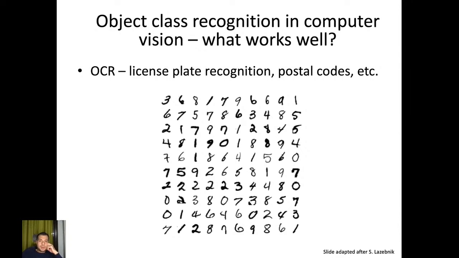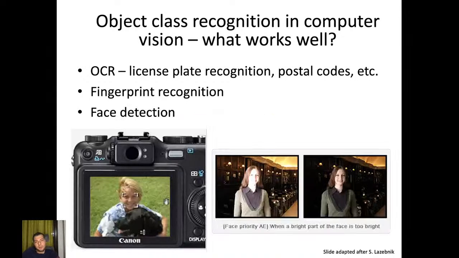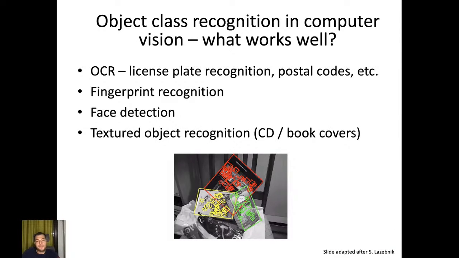Okay, so this task works well for specific applications, at least with the basic approaches that we're going to present today. Notable applications are in optical character recognition, like license plate recognition and postal code recognition, fingerprint recognition, and face detection. There are many camera devices that can now detect faces very quickly.